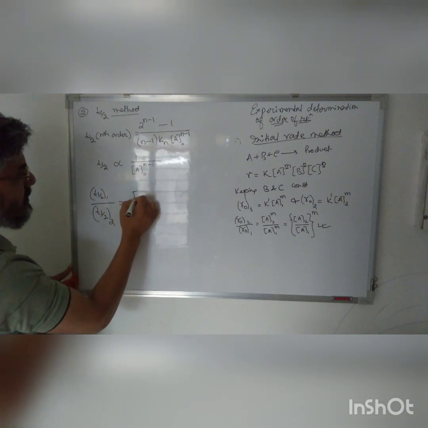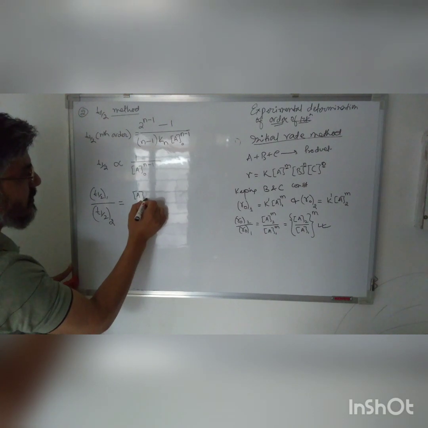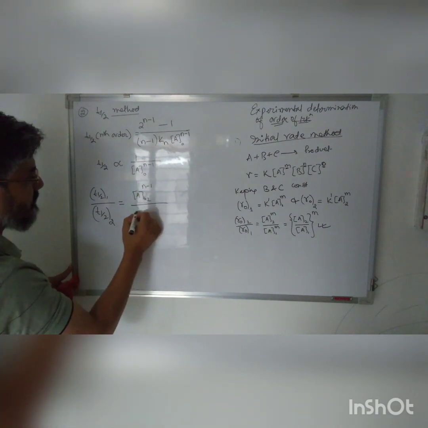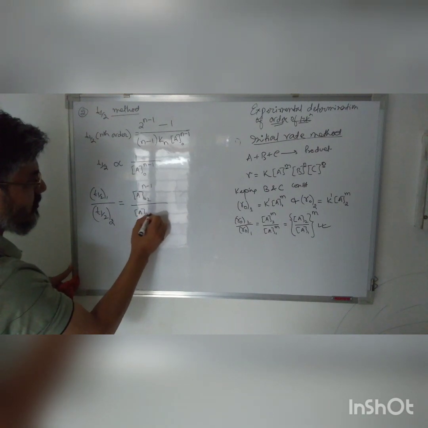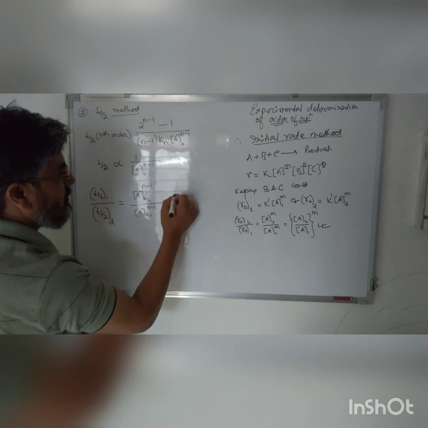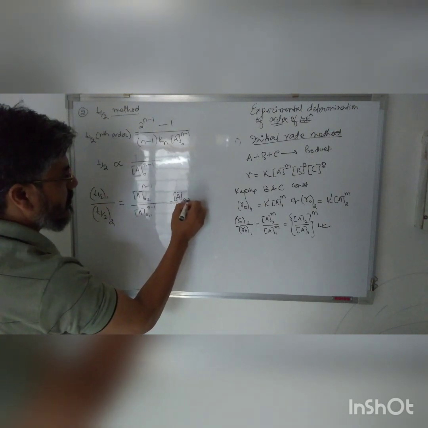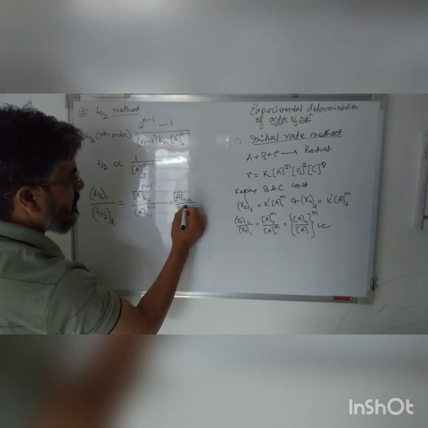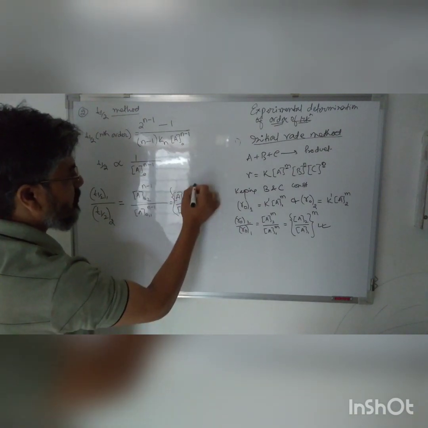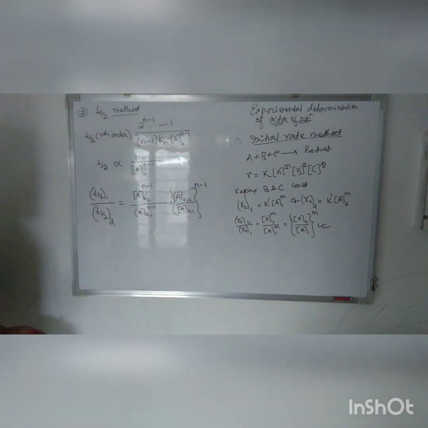So we have A naught 2 raised to the power n minus 1 divided by A naught 1 raised to the power n minus 1. So we can say this is A naught 2 divided by A naught 1 raised to the power n minus 1.